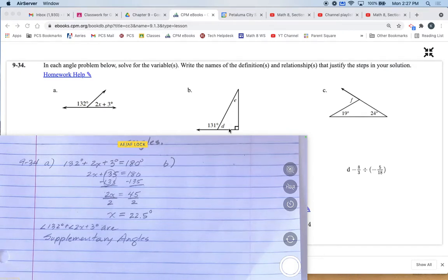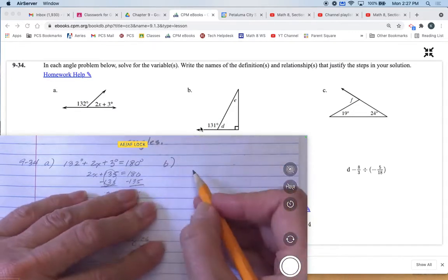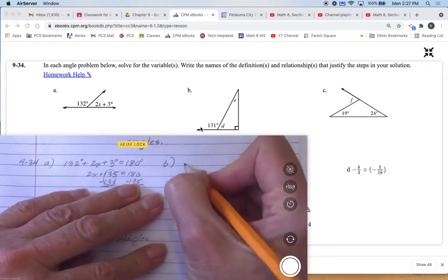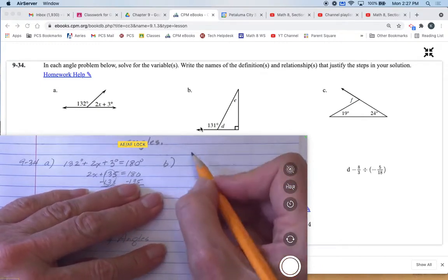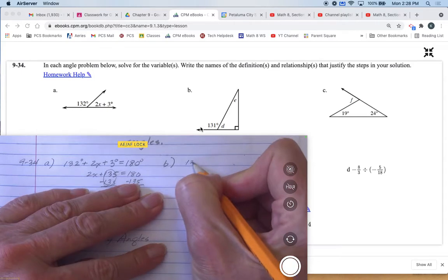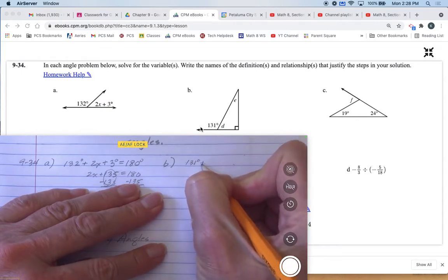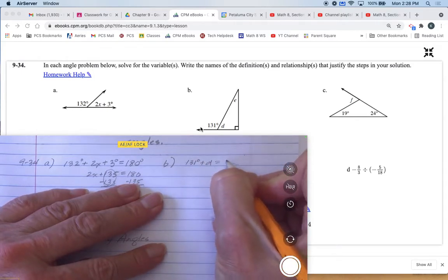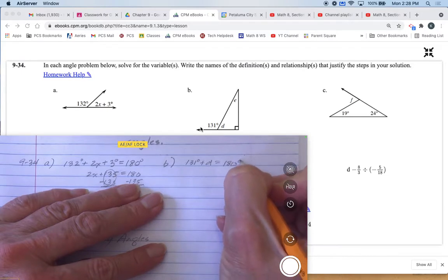So first of all, I'll find D. And it looks like D is a supplemental angle with the angle that measures 131. And so I am going to just say 131 plus D is equal to 180 degrees.